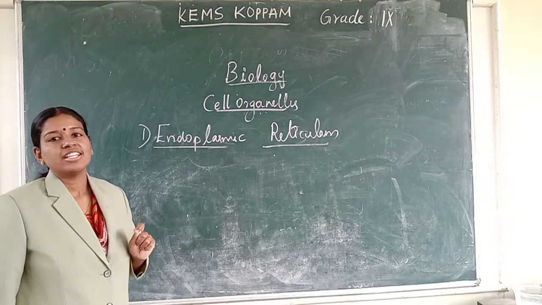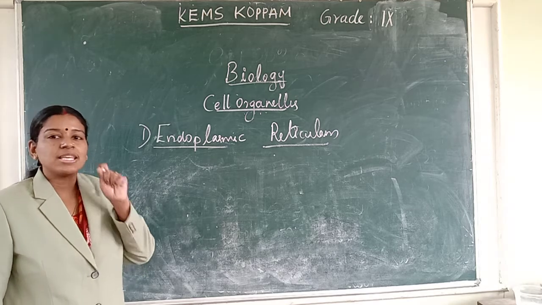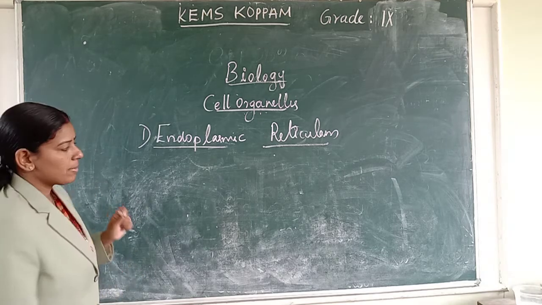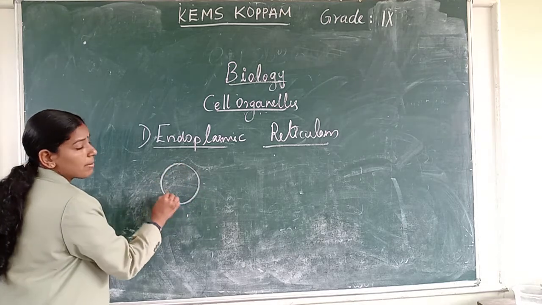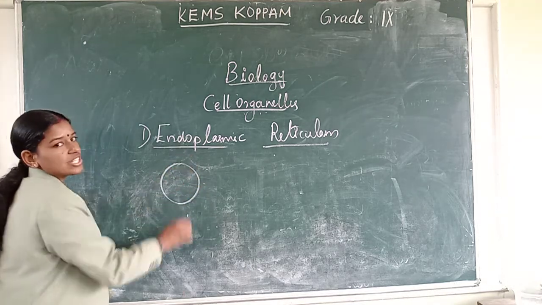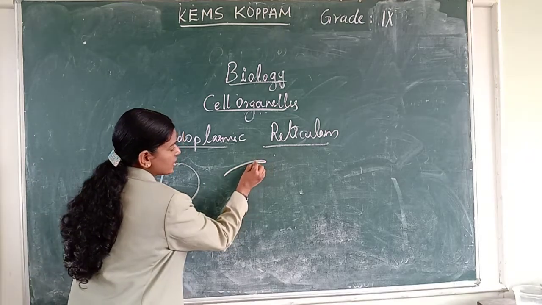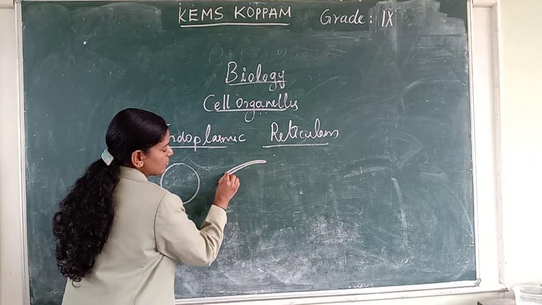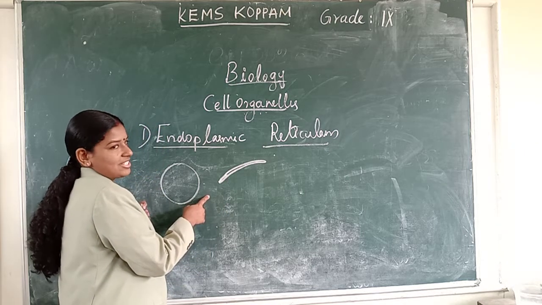These are tube-like structures, similar to a plasma membrane. We know that if this is a cell, this is the plasma membrane. Similar to this, the endoplasmic reticulum is a network of tube-like structures.